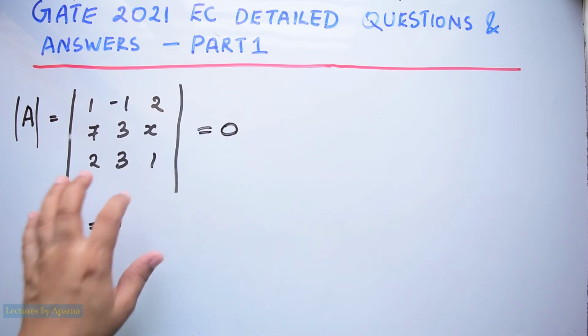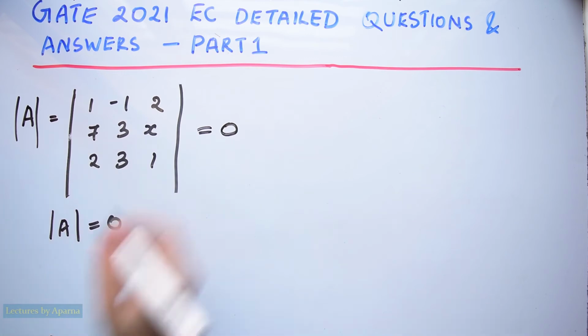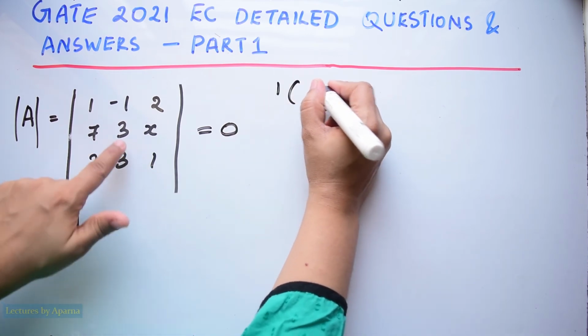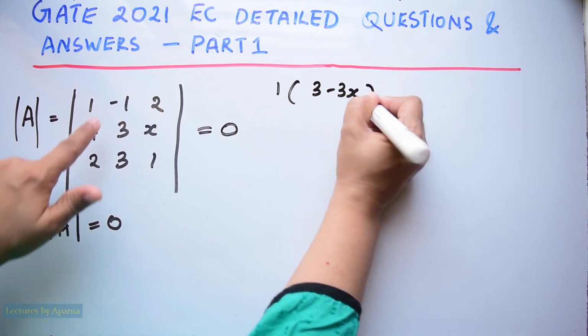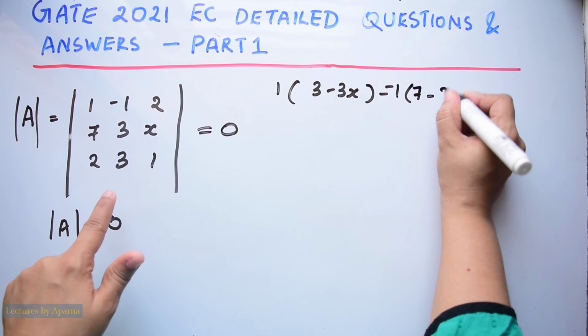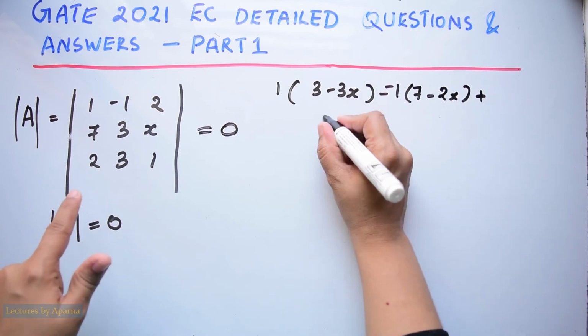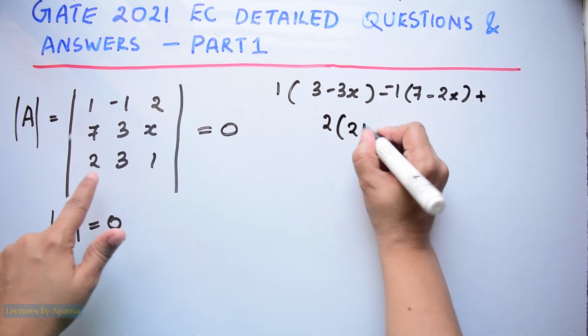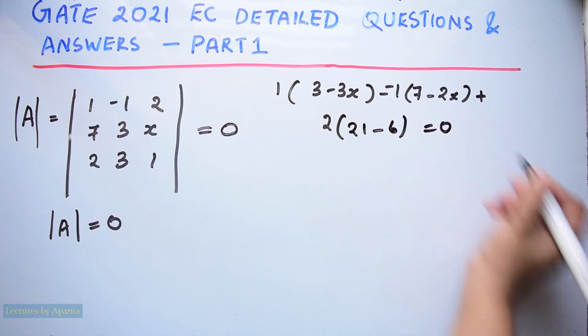So now we have to find this determinant value, which is 1 into 3 minus 3x minus 1 into 7 minus 2x plus 2 into 21 minus 6 equal to 0.